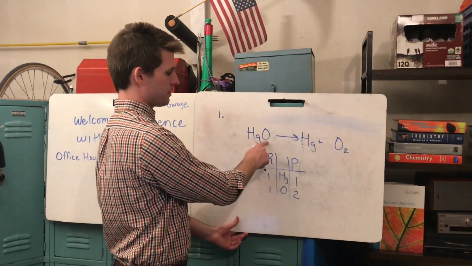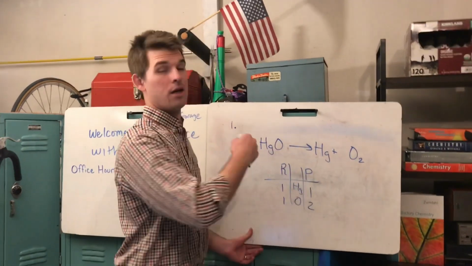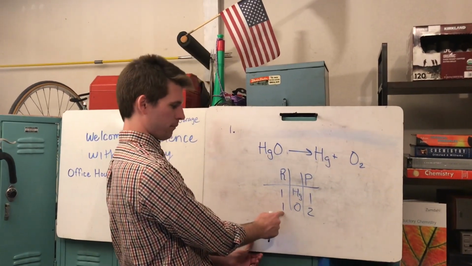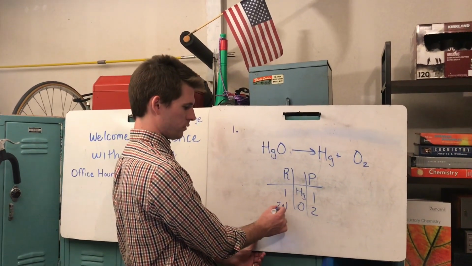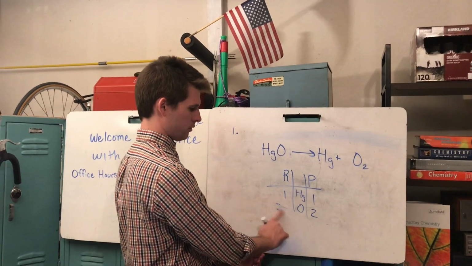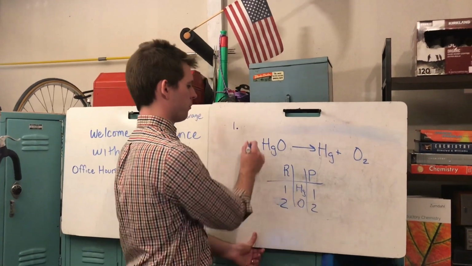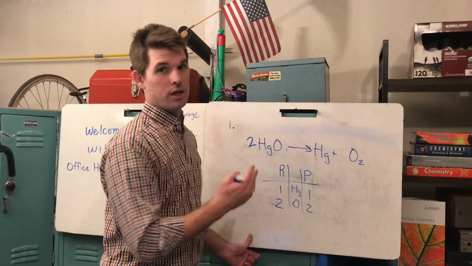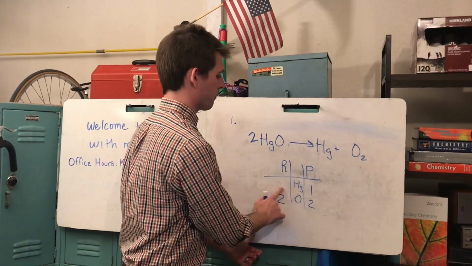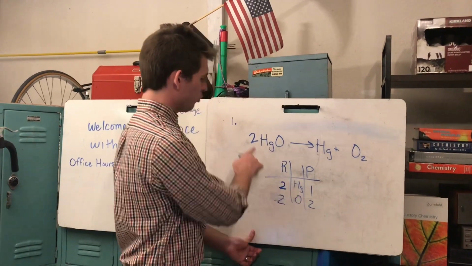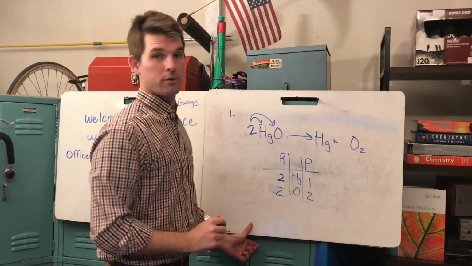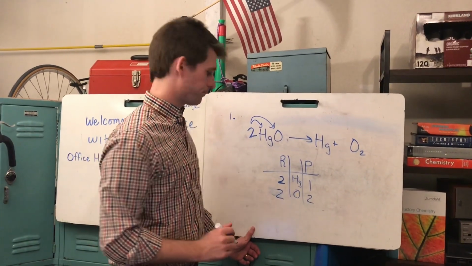So to make this oxygen and this oxygen the same, I'm just gonna multiply the left by 2, because if I multiply 2 times 1, I end up with 2. So I'll put a 2 coefficient here. So that makes my oxygens equivalent. But that messes up my mercury count, and I get 2 because the 2 distributes to both of the elements in the compound.